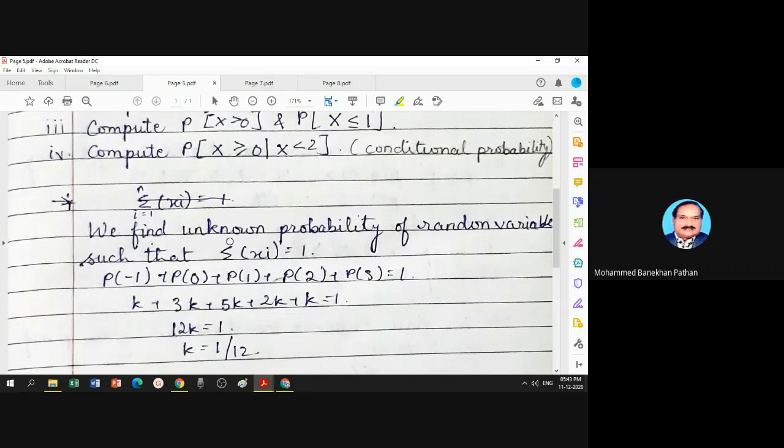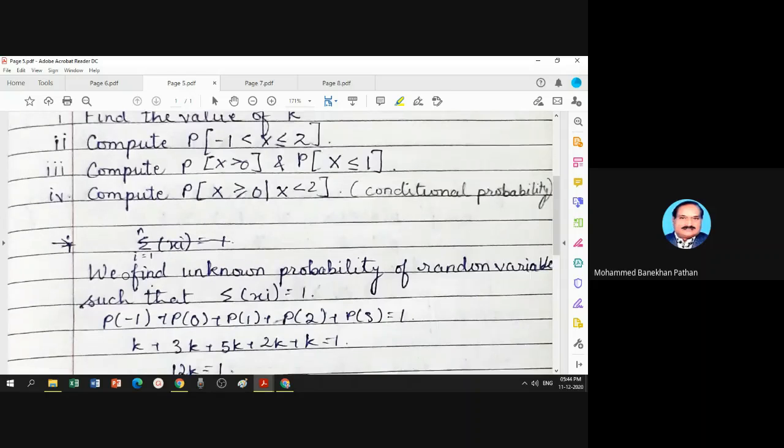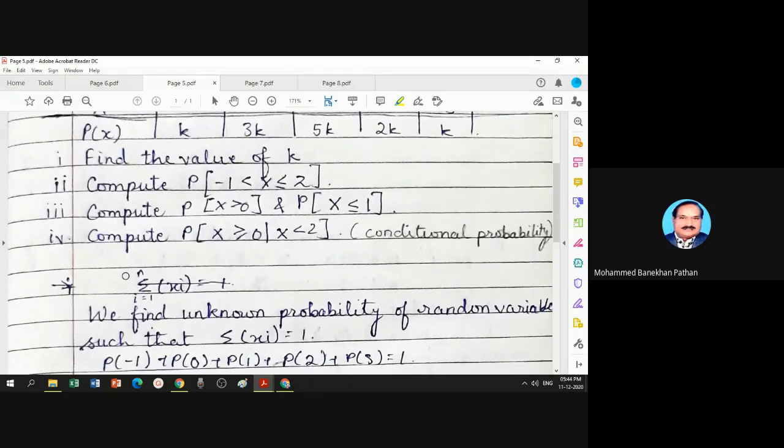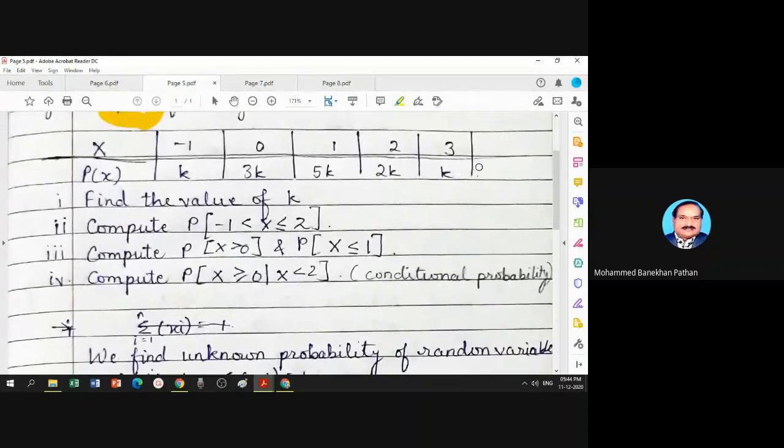So what is the meaning of the left hand side? It is p of -1, where -1 is a value of x. Sigma says plus p of the next value 0, plus p of the next value 1, plus p of 2, plus p of 3. So the addition of all these values given in your table should be 1.